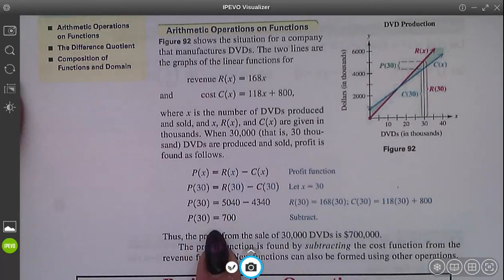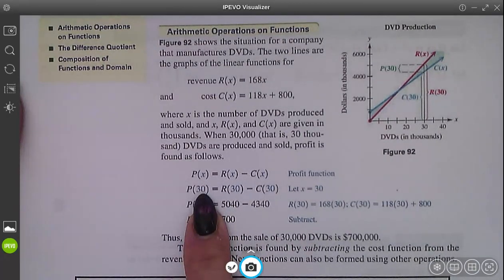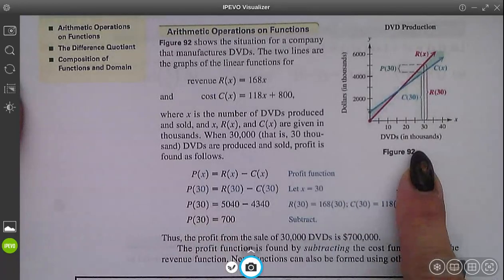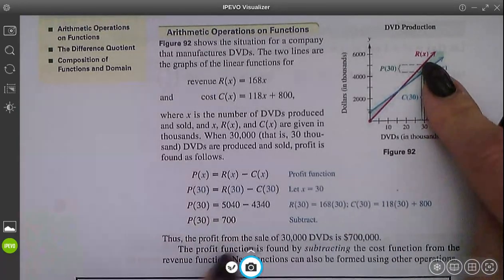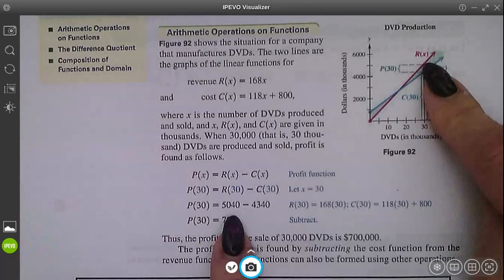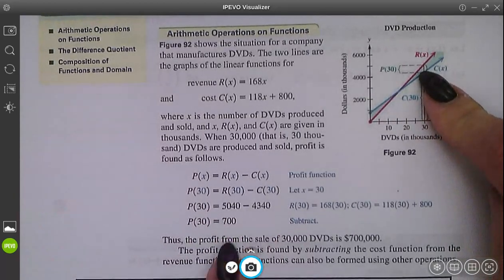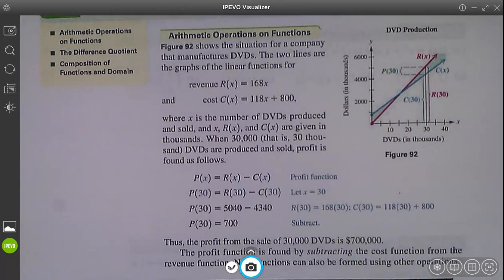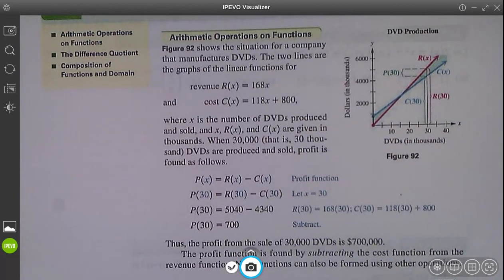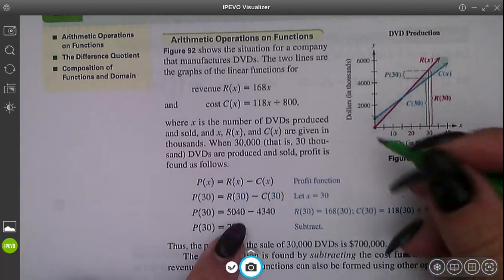They've done that here with numbers, so they've figured out for 30,000 DVDs, if the revenue from 30,000 DVDs is 5,040 and the cost is 4,340, then you subtract those to get the profit. But you can also do that just with the functions themselves.